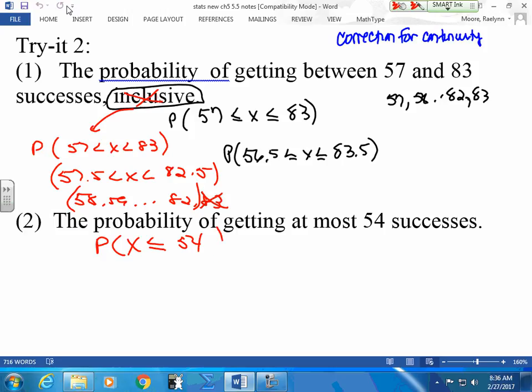So now, it goes like this. It stops at 54. I include 54. Correction for continuity. Do I have a lower end or an upper end? Upper. So how would I correct this for continuity? 54.5. At this point, this greater than or equal sign doesn't really matter here because you're never going to be equal to a 0.5.